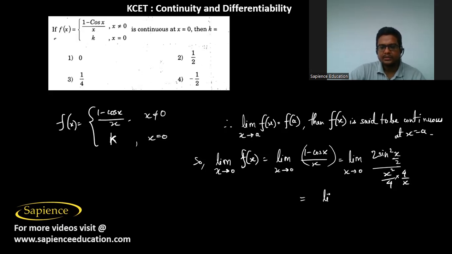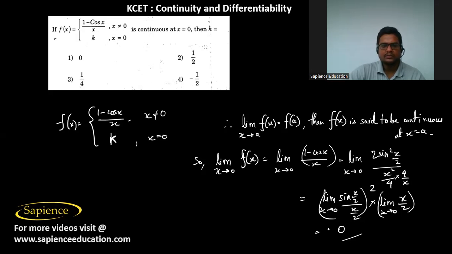So this will be limit x tends to 0 of sine x by 2 divided by x by 2 whole square into limit x tends to 0 of 2x by 4, which is x by 2. So this will be equal to 1 and this will be equal to 0. So this is equal to 0. So option 1 is the correct answer.